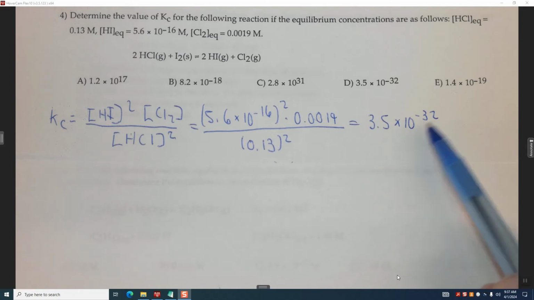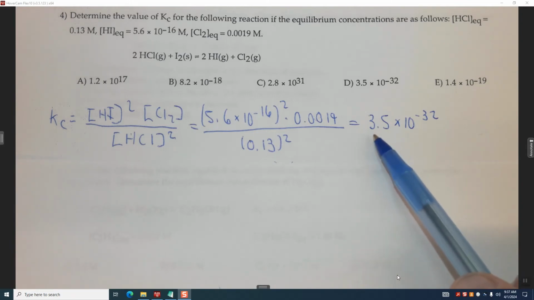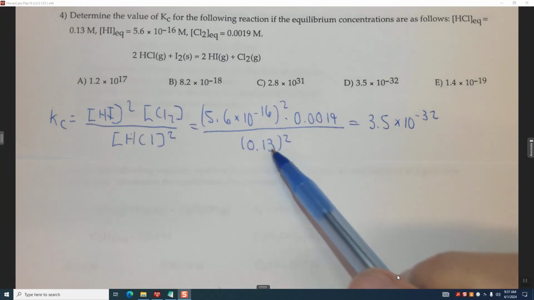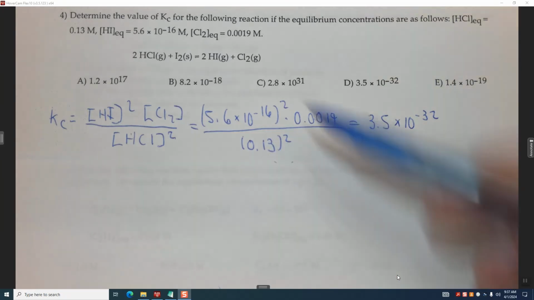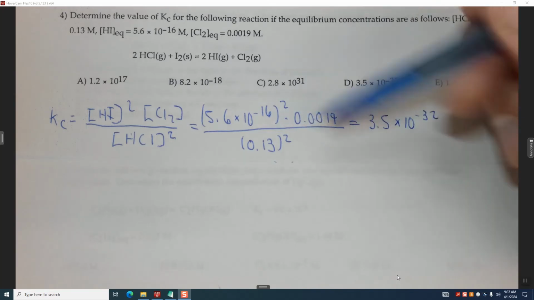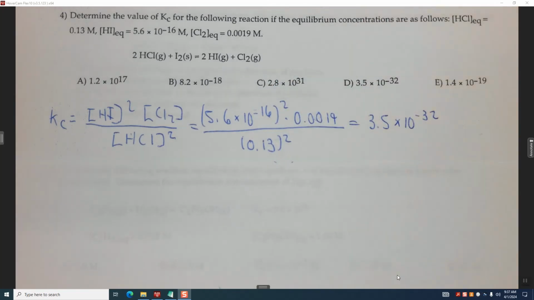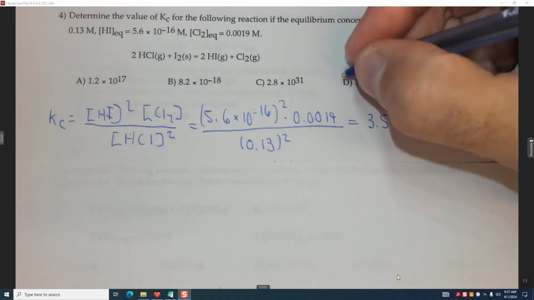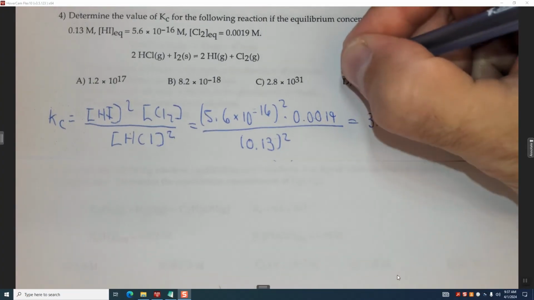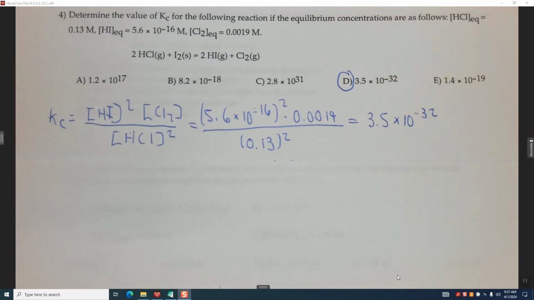It's much, much less than 1, right? 10 to the negative 32, it's basically 0. This means that the reactants are favored here because the reactants are going to have a much higher concentration than the products. That's why we have a very small value of Kc, but the question doesn't ask us that, it just asks us for the value. The answer here is choice letter D.